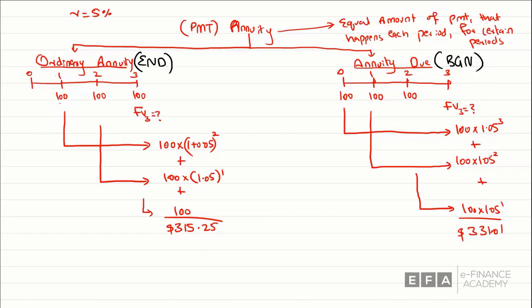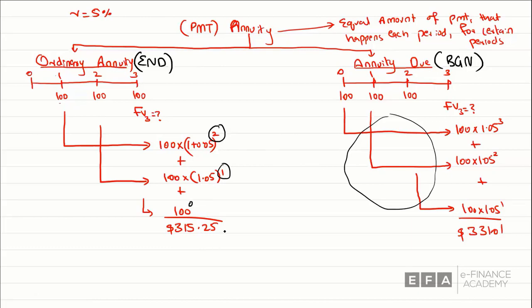One more thing you can recognize, the only gap between ordinary annuity and annuity due is that this result is 1 period more than the result that you have with ordinary annuity, right? How do we know that? Look, the first number is being grown for 2, the next number is being grown for 1, the last number is not even being grown. While here it's 3, 2, 1, it's 2, 1, 0.